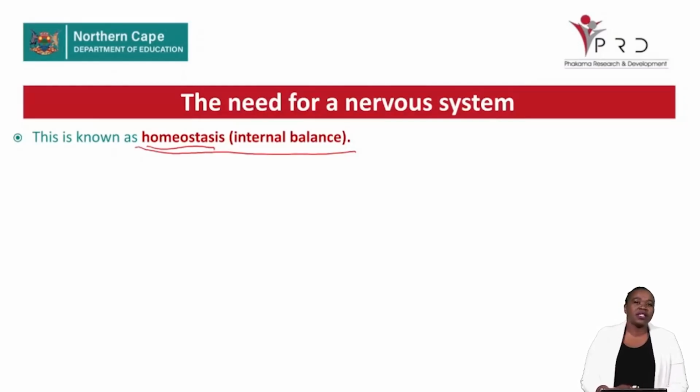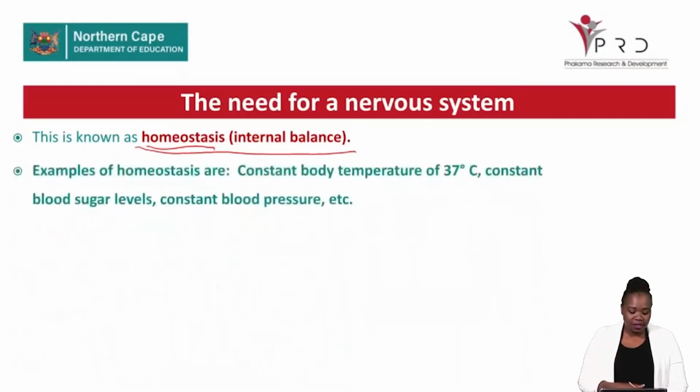Like we said, this is the tendency of the body to keep its internal environment constant regardless of the changes that have taken place in the external environment. So the nervous system helps to maintain this constant environment, or to maintain homeostasis.